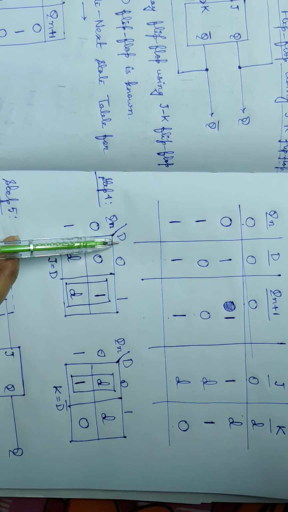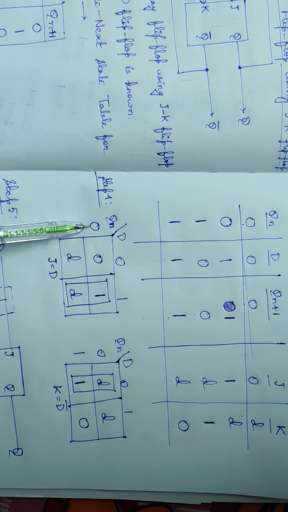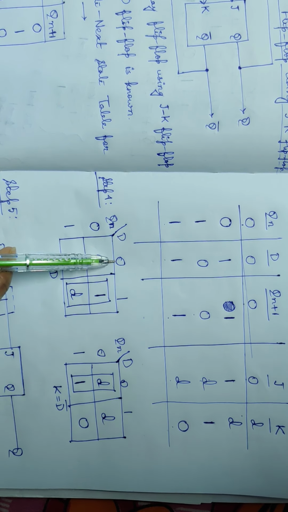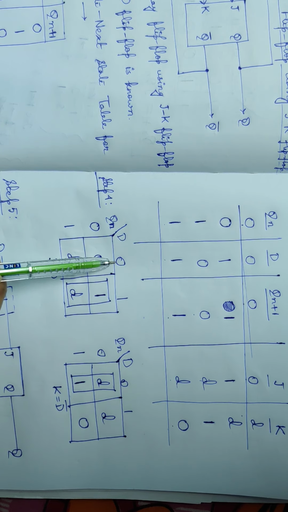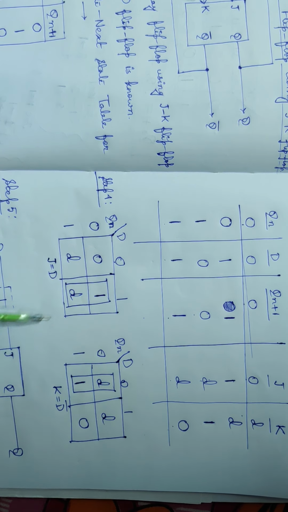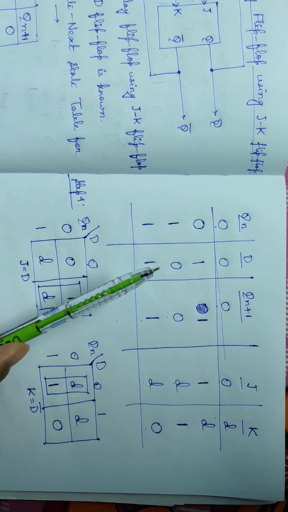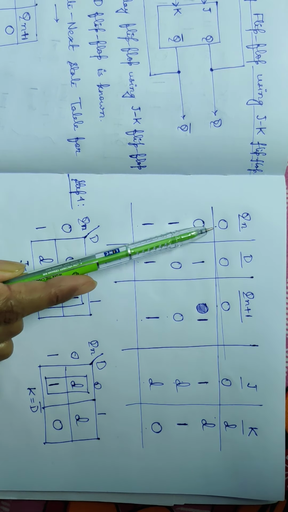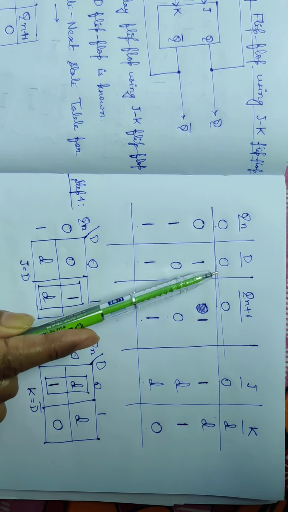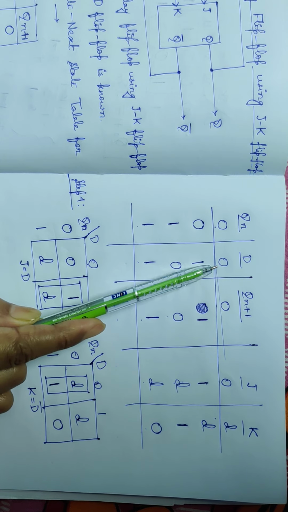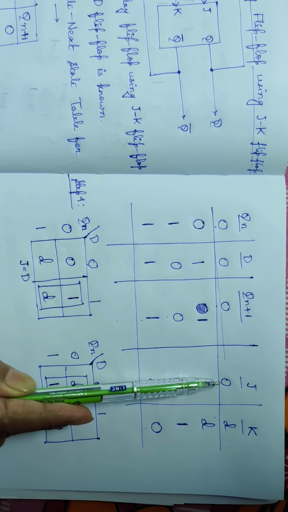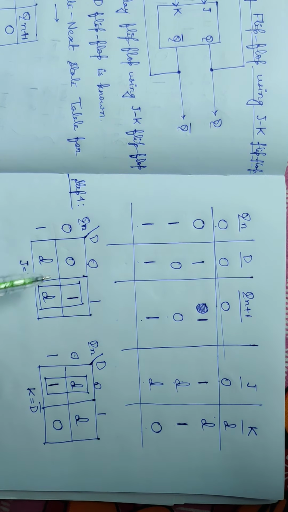It is Qn, it is D. So when Qn is 0, D is 0, then what will be the value of J from this table? When Qn is 0, D is 0, then the value of J is also 0. So we can write here 0.